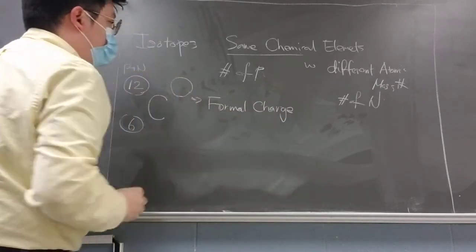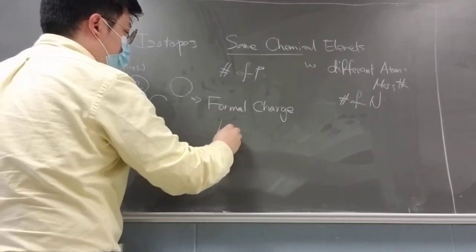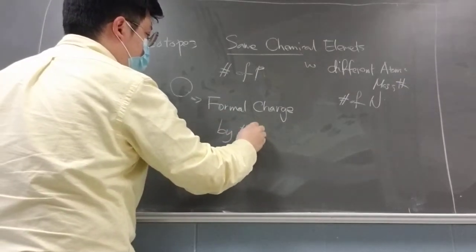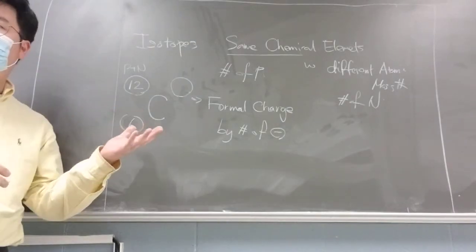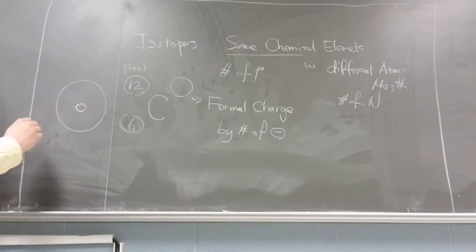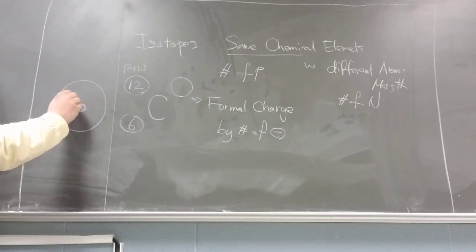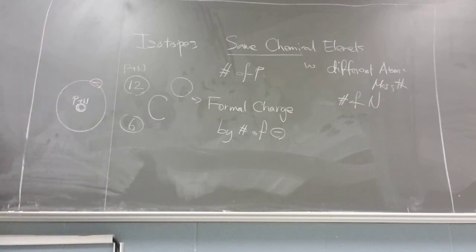So formal charge can be only defined or determined by numbers of electrons. As you know, when we look at the atomic structure, it has a nucleus at the center. Okay? It's made of proton plus neutron, and electrons on the outer shell, so they can move in a certain space.